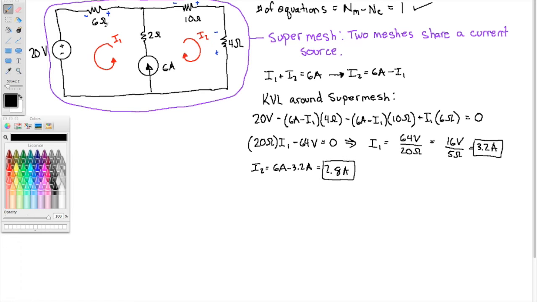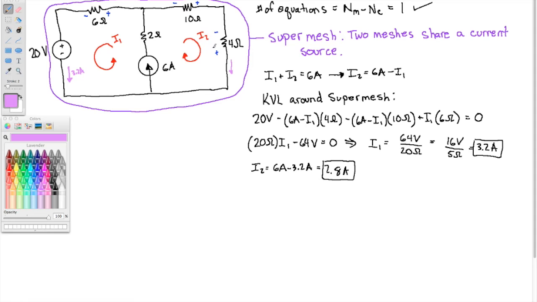Alright, so now those were the hypothetical currents. Now let's talk about the actual branch currents. The current here in this branch is I1, and only I1 contributes to it. So this is 3.2 amps in this branch. Similarly, in this branch at the right, I'll draw the arrow here with I2.